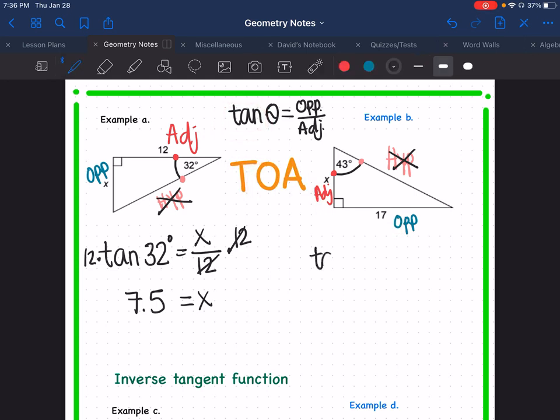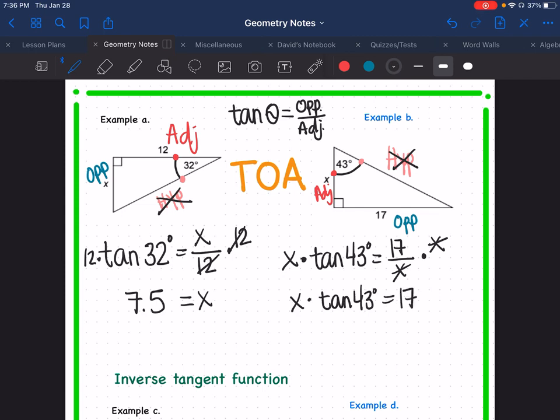Let's go ahead and plug it in. So tangent of theta, which is 43 degrees, equals opposite 17 over adjacent x. I multiply what's in the denominator to both sides. I cannot actually put this in the calculator quite yet.